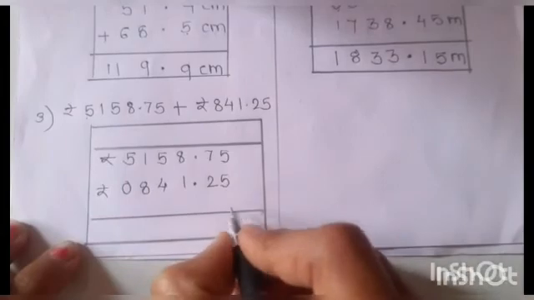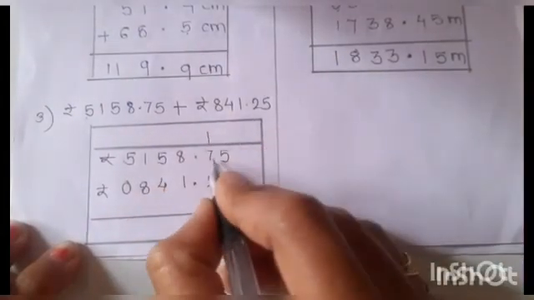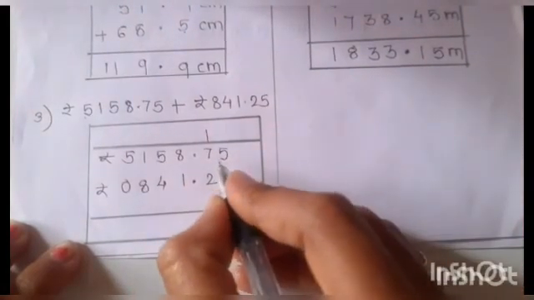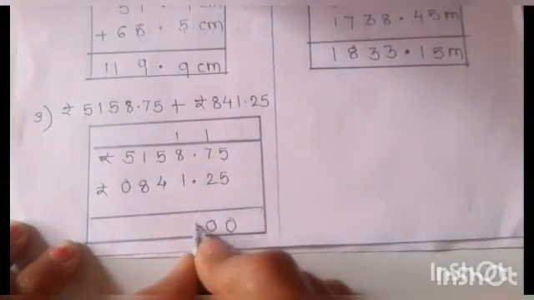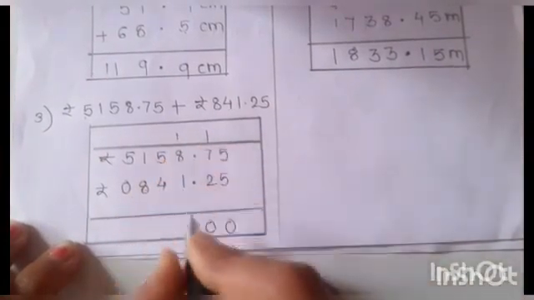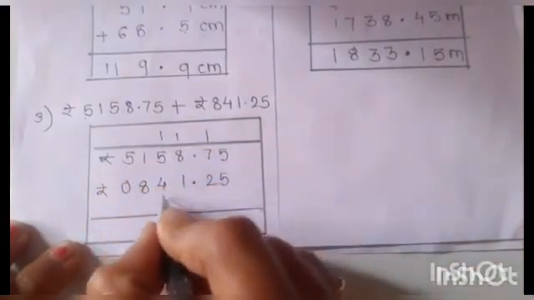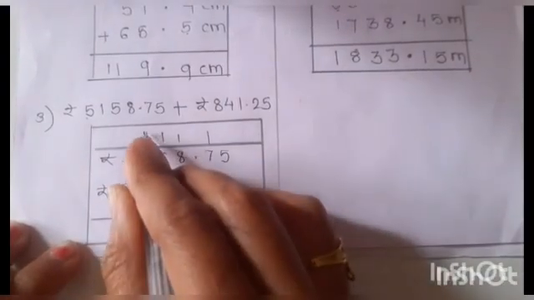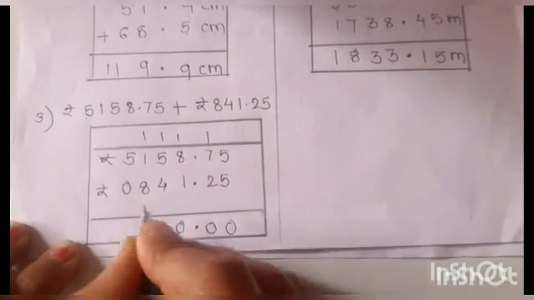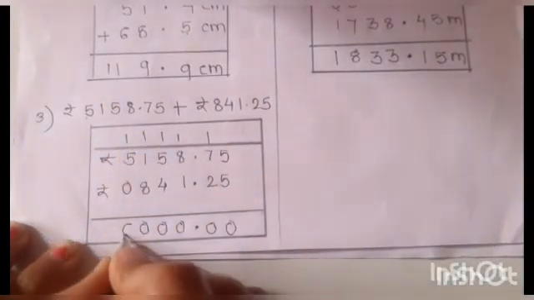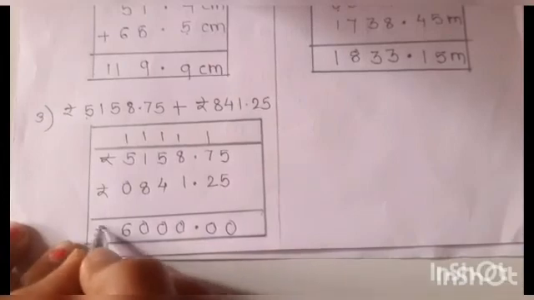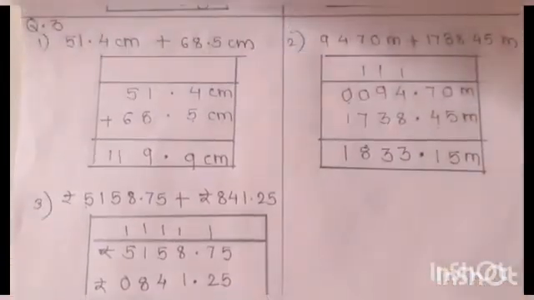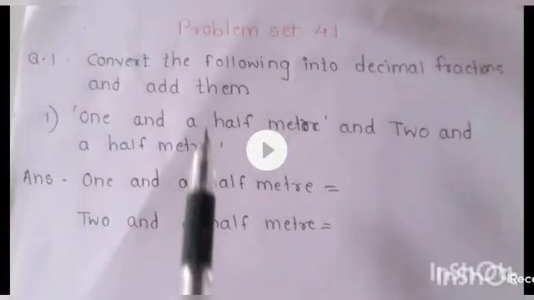Now do the simple addition. 10, point under point, 9 plus 1, 10, carry 1, 9 plus 1, 10, again carry 1, 10, carry 1, 5 plus 1, 6. So 6,000 rupees. Okay student, in this way you will solve your problem set 41 in your notebook.